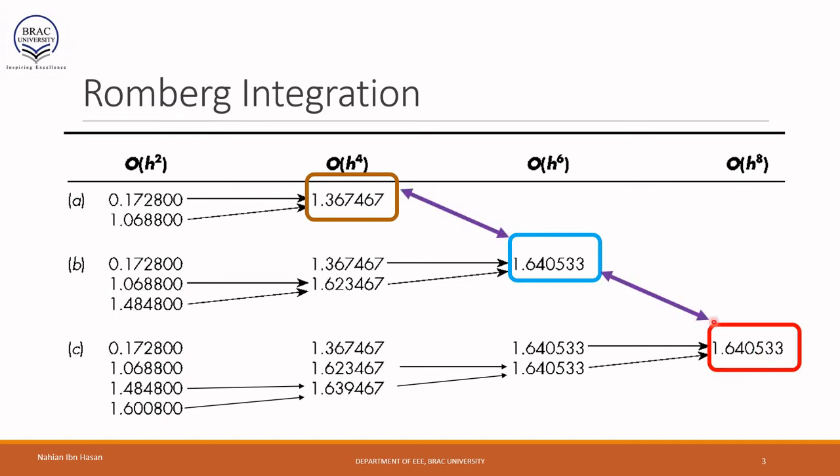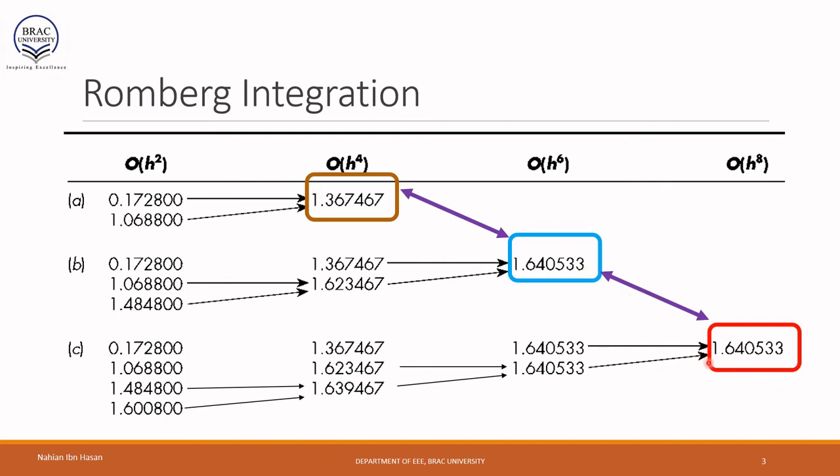Okay, so let's see. In the first case, whenever you increase the level of integration from 1 to 2, the accuracy increased from 1.367 to 1.6405. So that's a huge boost in accuracy. If you go for a higher level of integration, you will see the accuracy does not improve very much. So I can stop the iterative Romberg integration method here because I do not have a further accurate result.